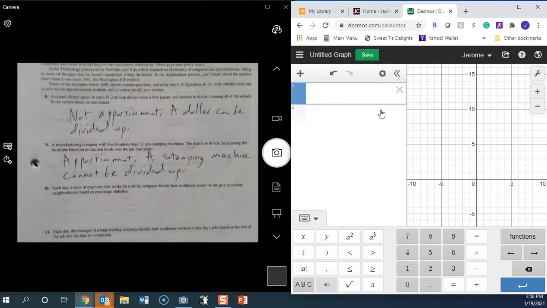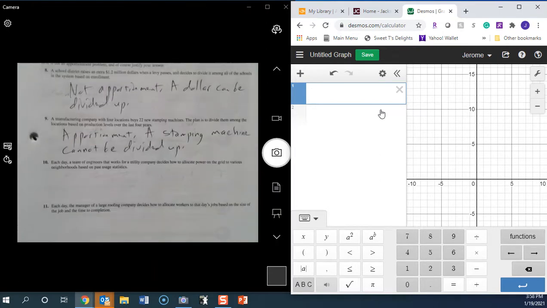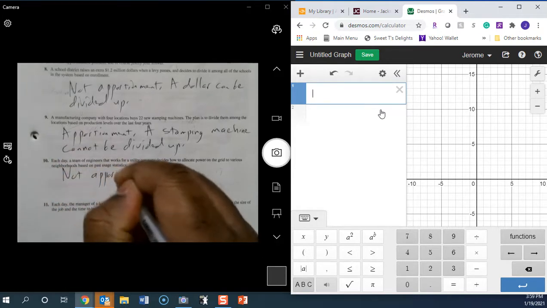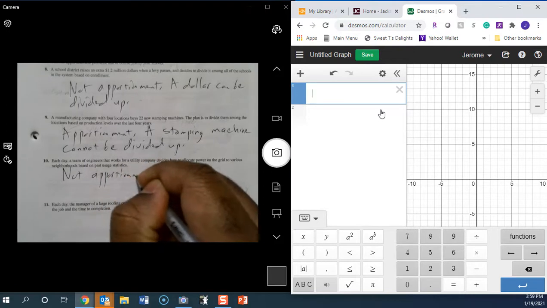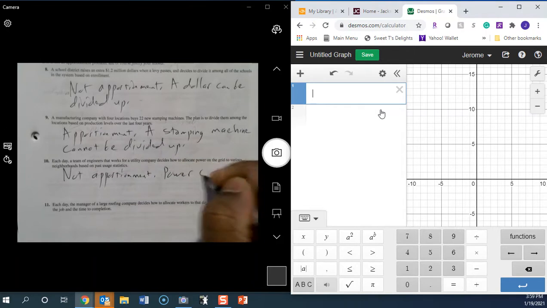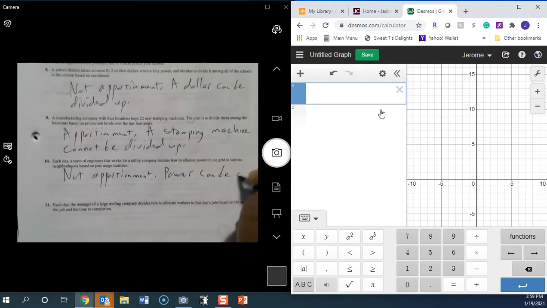Okay, next, number 10, it says each day a team of engineers that works for a utility company decides how to allocate power on the grid to various neighborhoods based on past usage statistics. This is not apportionment, and the reason being is power can be divided up.